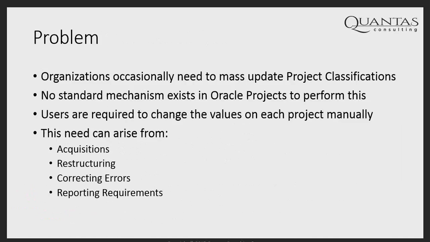Go open the project, change the value, save it, and go to the next project. Or they need to find a technical developer to build a conversion type of program to load those.